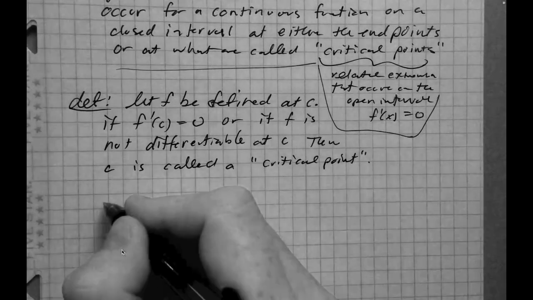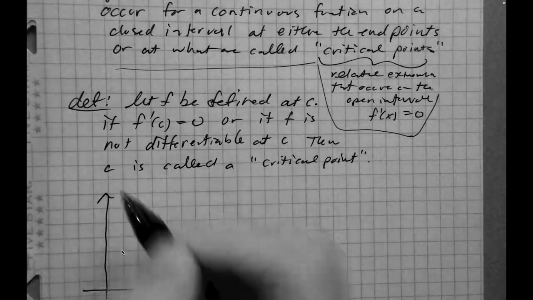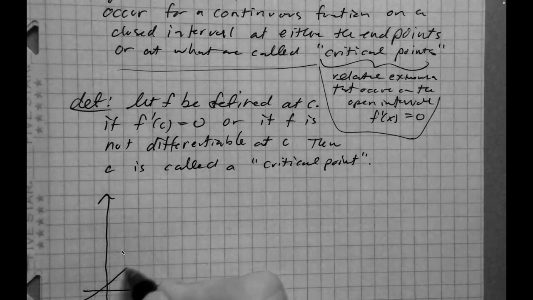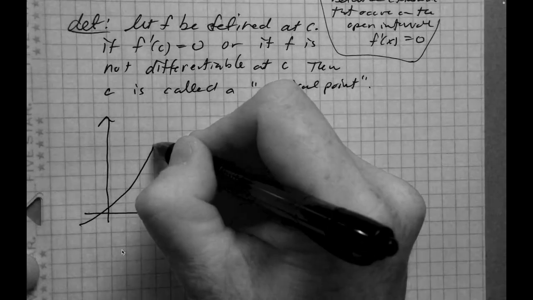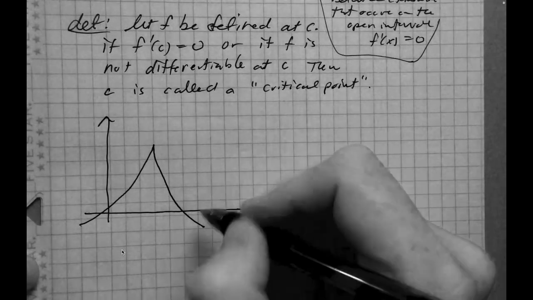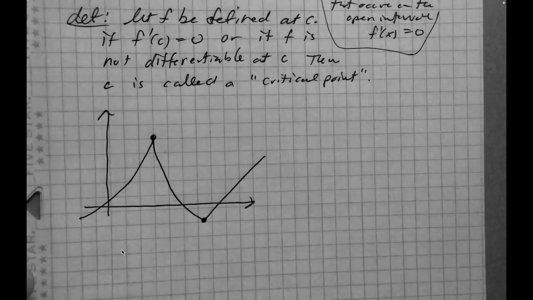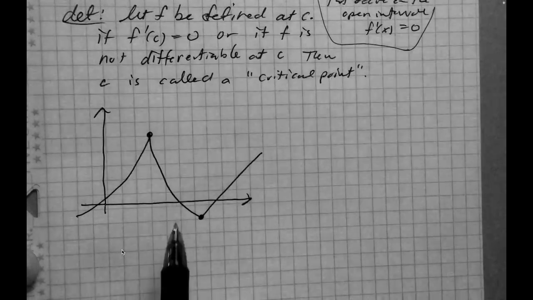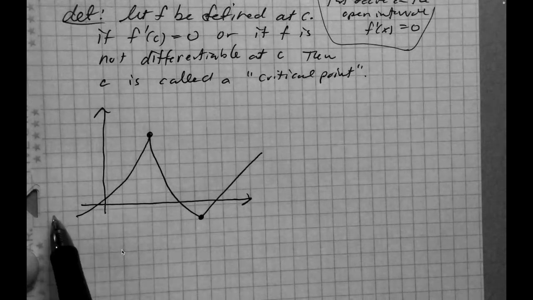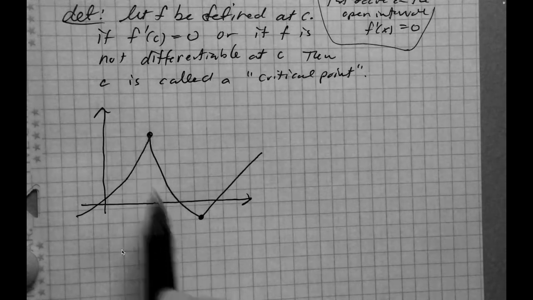So let's draw a picture here and see why we need to extend the definition ever so slightly. Let's say I have a function that comes up like this, and then it turns back down like this, and then it goes like this, right? I've intentionally drawn these by design. This isn't just a non-smooth curve. This is actually a function that has a non-differentiable point here.